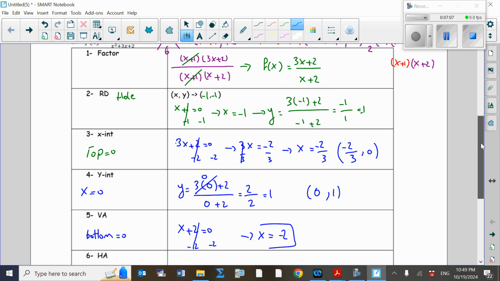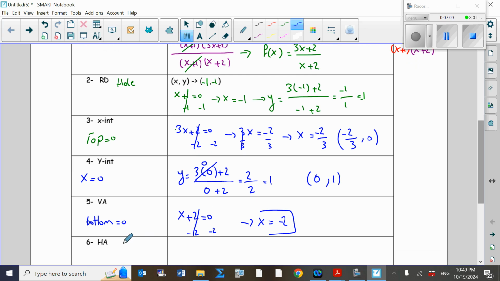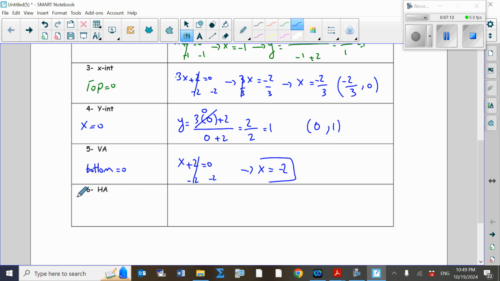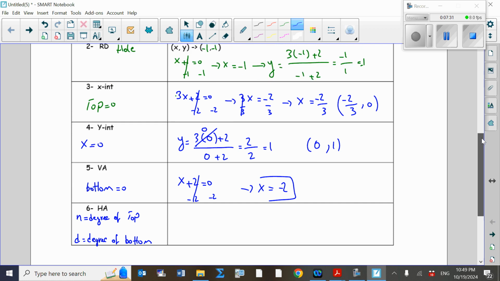Then we need to find the horizontal asymptote. We know that in order to find the horizontal asymptote, we need to know the degree of the top and the degree of the bottom. What's the degree of the top?